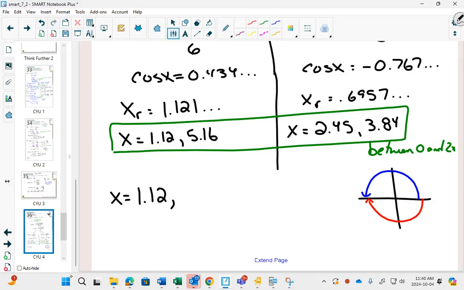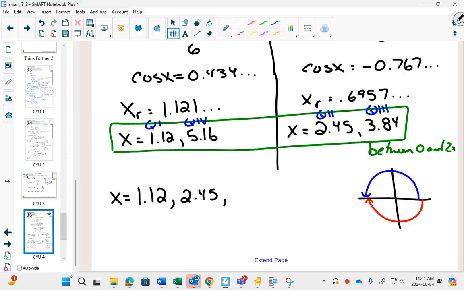My quadrant 2 answer, right? There's positive quadrant 1 and quadrant 4, quadrant 2 and quadrant 3. So I can keep the quadrant 2, 2.45. But now the quadrant 3 one, I have to figure out what angle this is with this reference angle.